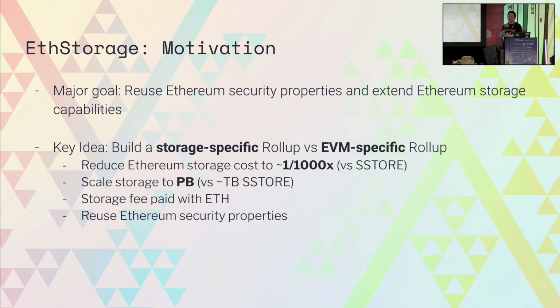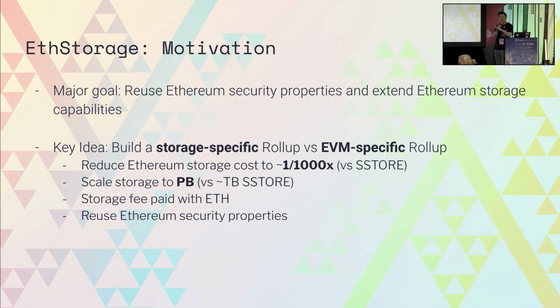If you are already familiar with Ethereum scaling solutions, for example, all kinds of rollups, optimistic rollups, and ZK rollups, which aim to verify the off-chain computation with validity proof or fraud proof, we are building a storage-specific rollup.